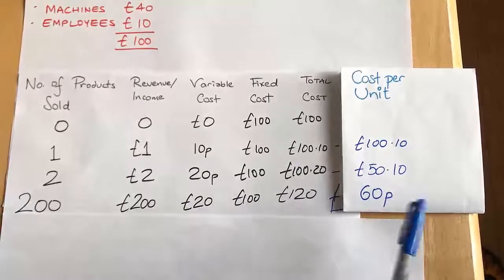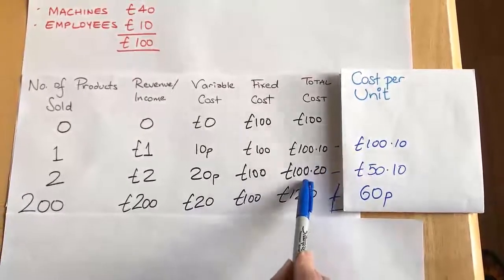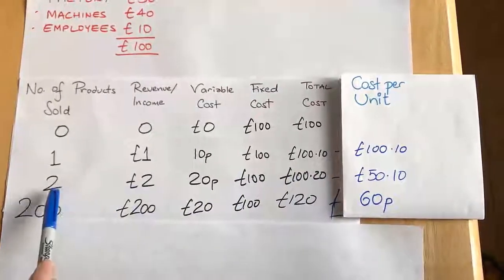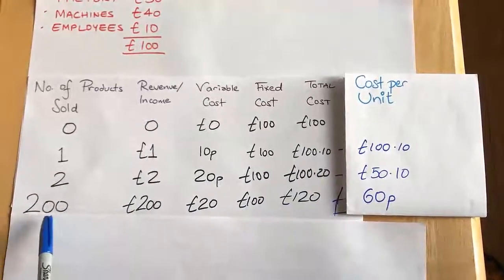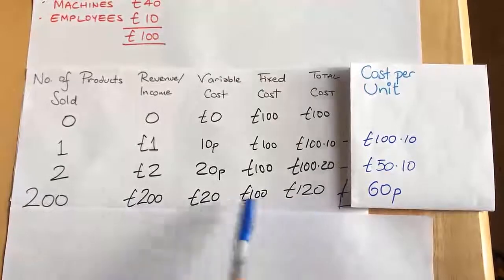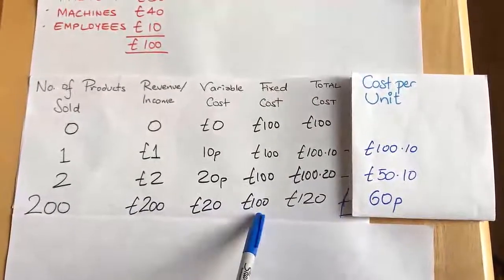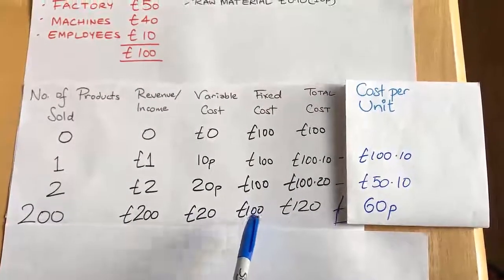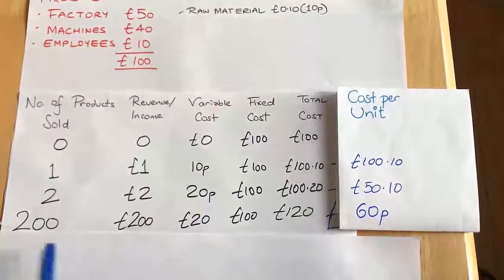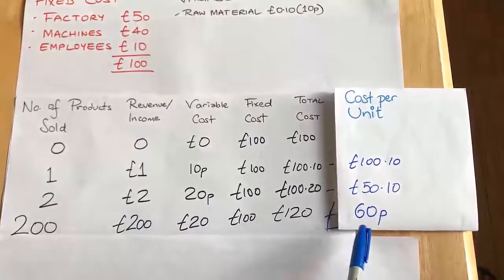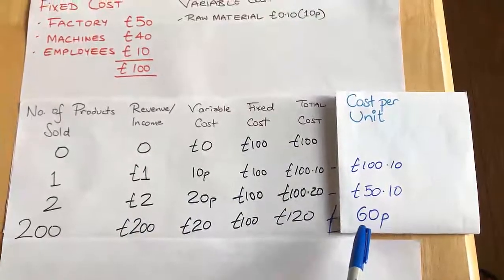So what we're basically doing is we're looking at the total cost and we're dividing it by the number of units produced. Now look, our total cost for 200 units is 120. So £20 in raw material and £100 in fixed costs. So factory, machines and employees. £120 and we made 200 units. Our cost has come down to 60 pence.